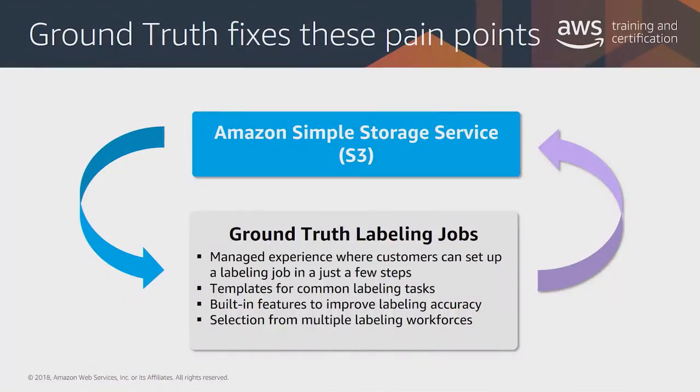It makes it easy to efficiently perform highly accurate data labeling using your data stored in Amazon S3. GroundTruth provides a managed experience where you can set up an end-to-end labeling job with just a few clicks. You simply need to provide a pointer to your data in S3.